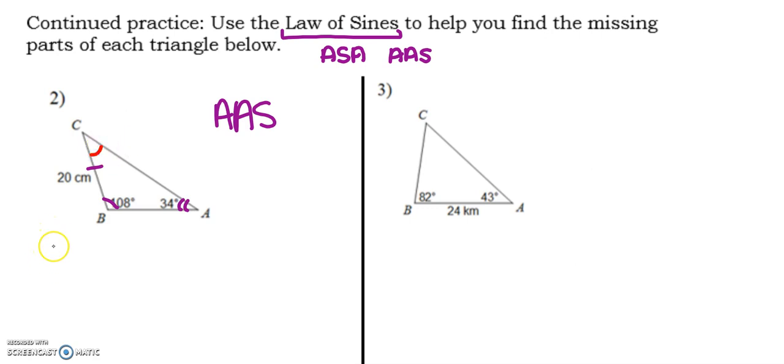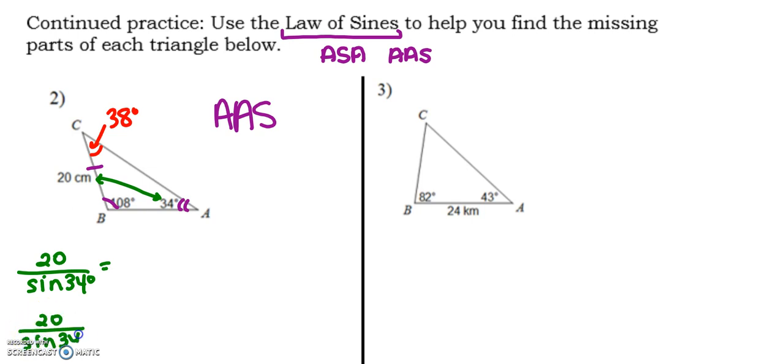So hopefully you are okay with the fact that angle C is going to be 38 degrees because you subtract from 180. And then you want to figure out what angle and side pair do I have that I can start my ratios. Well, I know that 20 is across from 34. So 20 over the sine of 34 will be my ratio that I set up to use, because that's a good angle side pair.